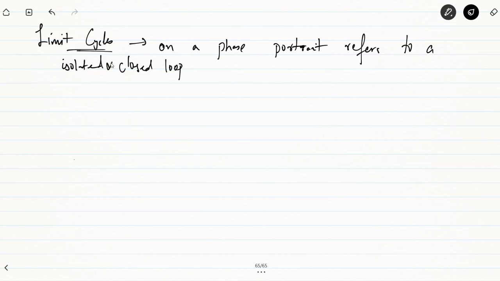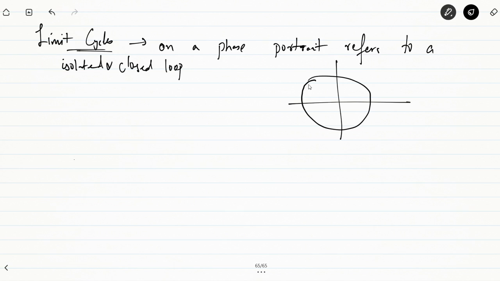Fine. So there will be phase trajectories on the phase portrait that will be converging towards the limit cycle, or there may be some phase trajectories that will be diverging from the limit cycle. But on a phase portrait, if you have some closed loop that's isolated, this will refer to a limit cycle. Fine.